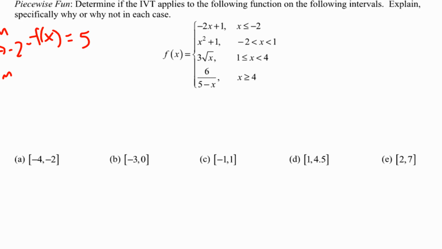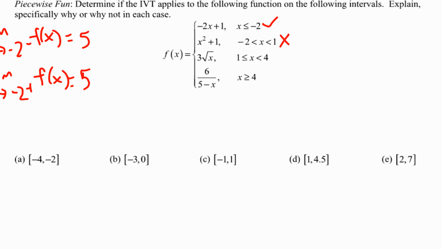Limit as x approaches -2 from the right, hey, we get 5. And f of -2 exists, and it's 5, so it's continuous there. We're good. If we check 1, the limit as x approaches 1 from the left is going to be 2. Limit as x approaches 1 from the right, it's going to be 3. So it's not continuous at 1.